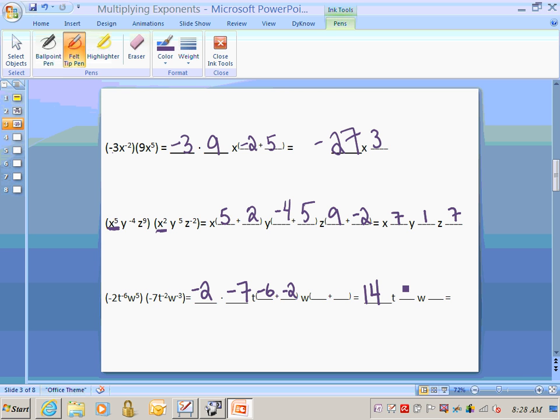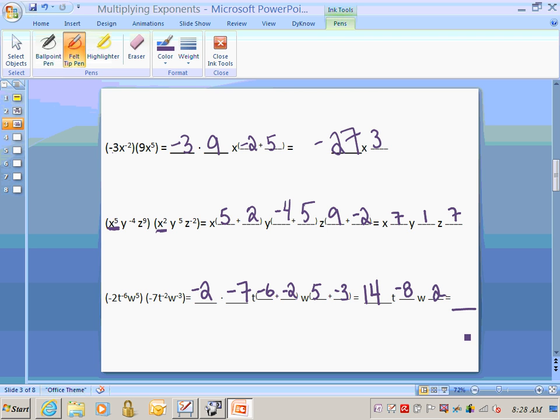So that's going to be t to the negative 8. And w, 5 minus 3, so it's 2.